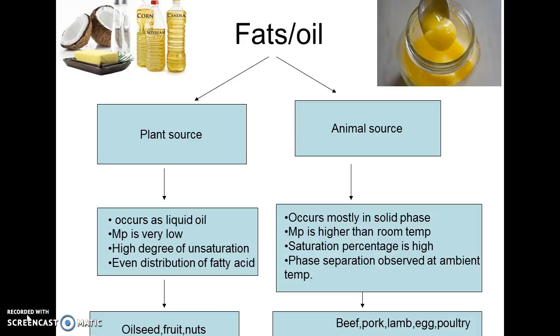Now plant source, that is plant oil, possess some definite properties. Mainly, they are liquid in nature.